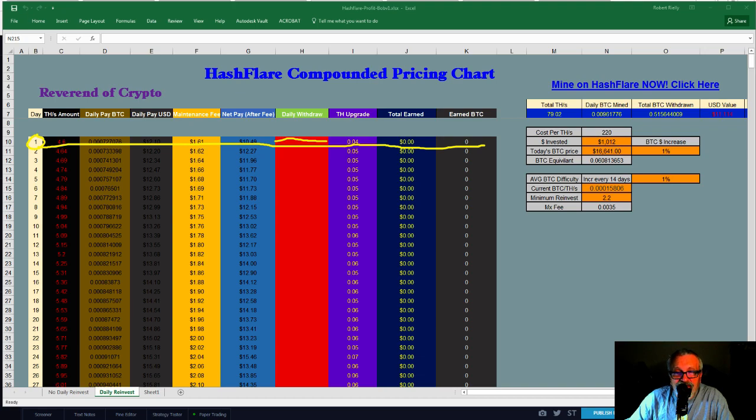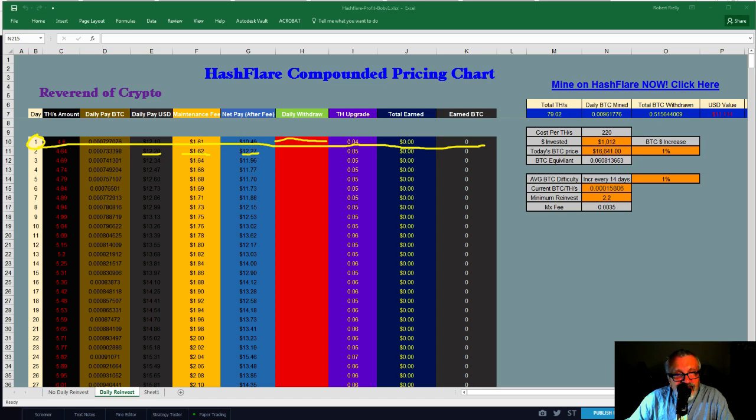If you set the reinvest feature on HashFlare, the next day, when you make your money, you would reinvest. This is the money right here that you would make, $12. They take their money out, then $12.27.